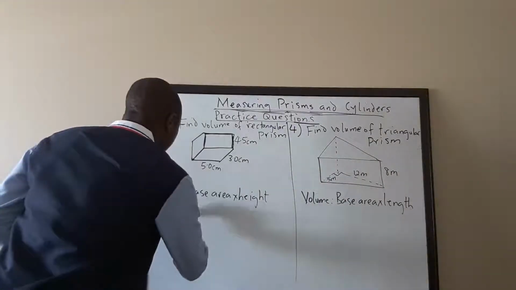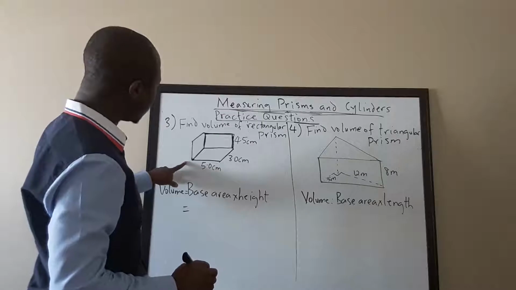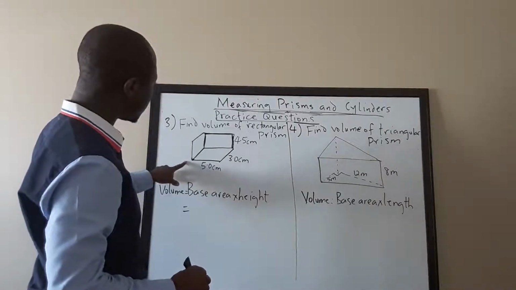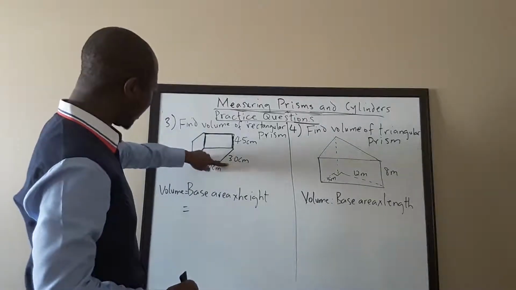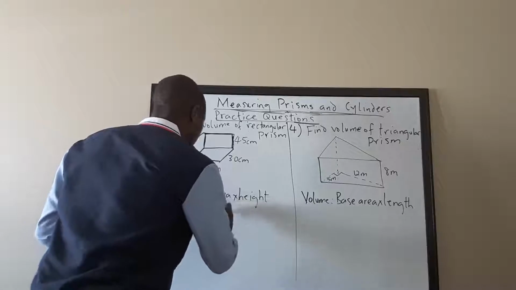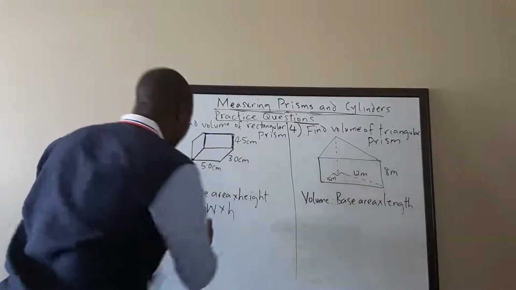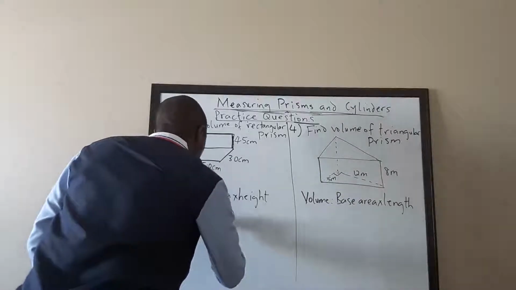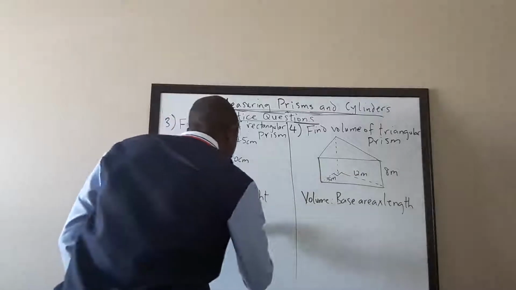So the area of the base here, so this is the base here that I'm going to go with. It is length times width, and then times the height, of course. So I'm going to do 5 times 3, and then times the height of 4.5.